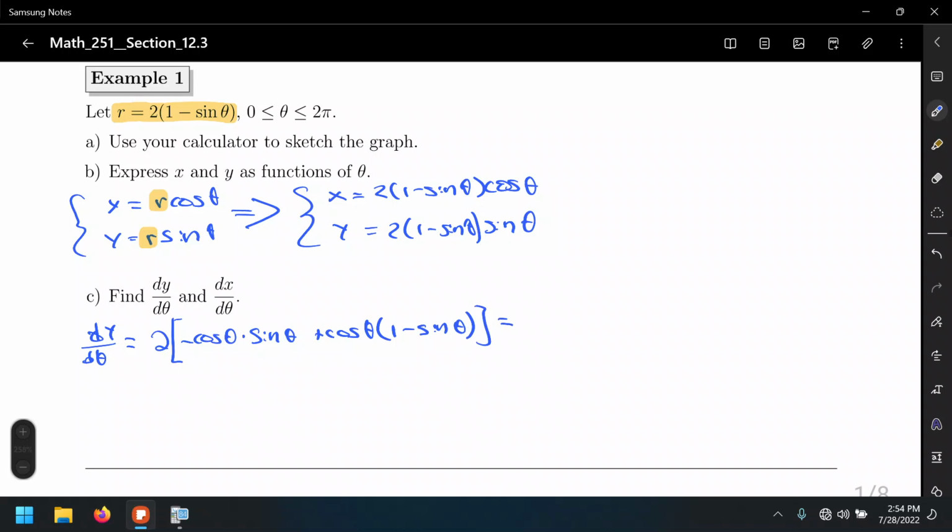Alright, and then from here we can simplify. That's a negative sine cosine, 2 times negative sine cosine, and cosine times 1, which is cosine, and cosine times negative sine, that's a negative sine cosine again.